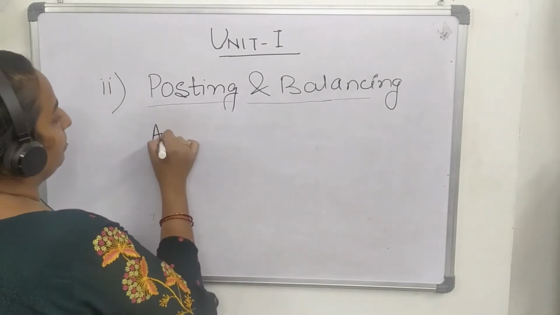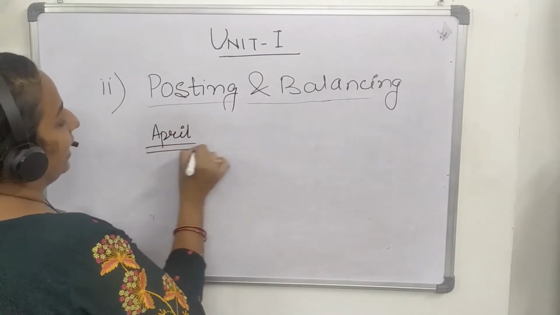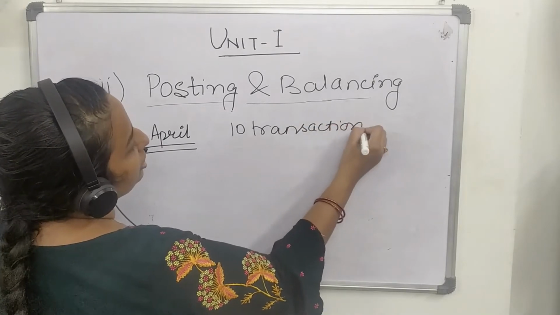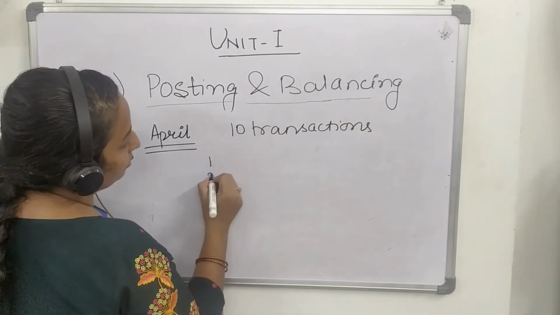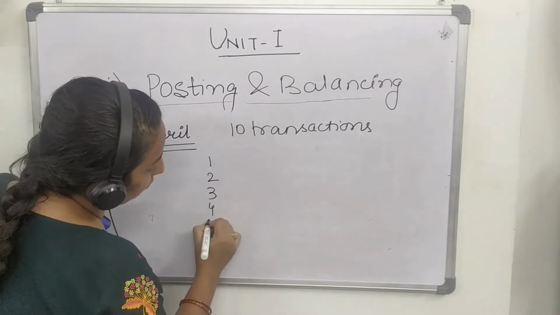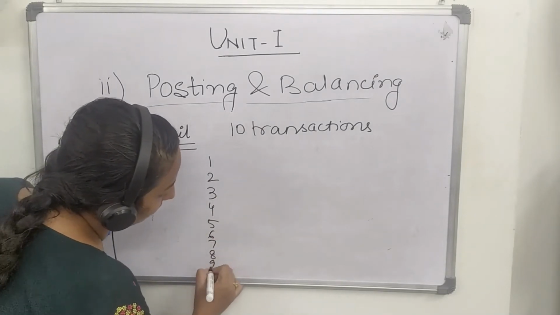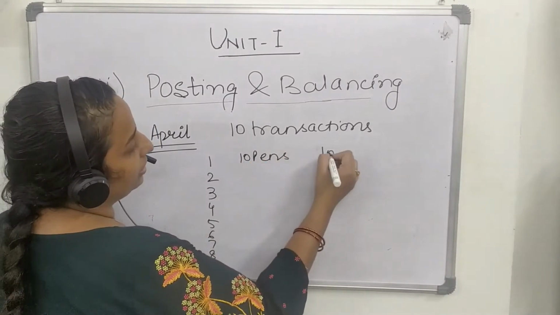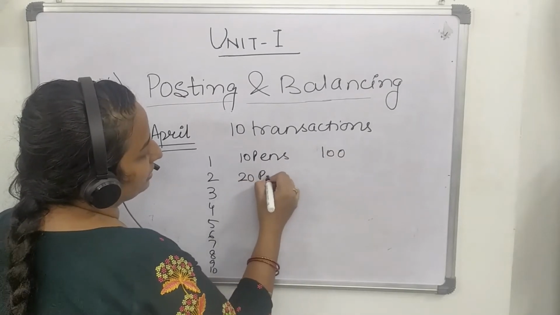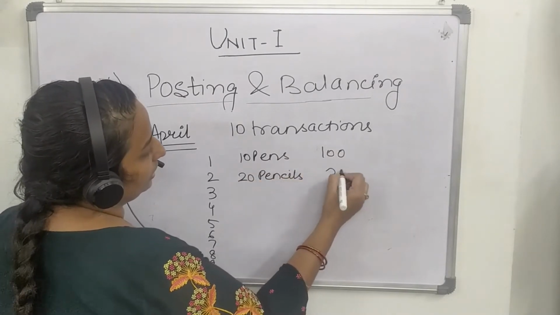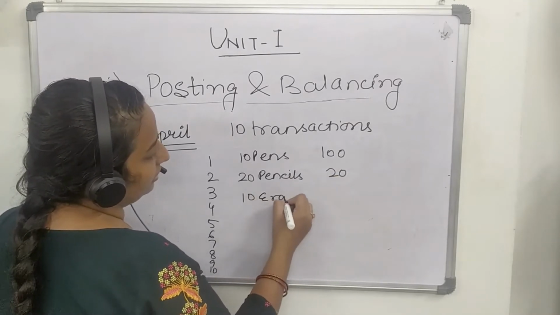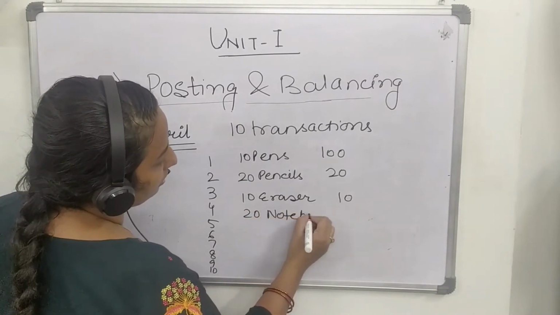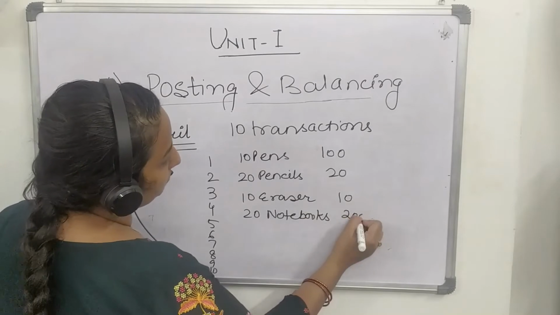For example, in the month of April, I had 10 transactions related to stationery: first, second, third, up to tenth. In the first, I had 10 pens that cost 100, 20 pencils that cost 20, 10 erasers that cost 10, 20 notebooks that cost 200.